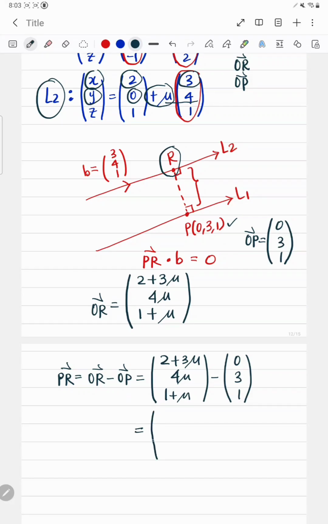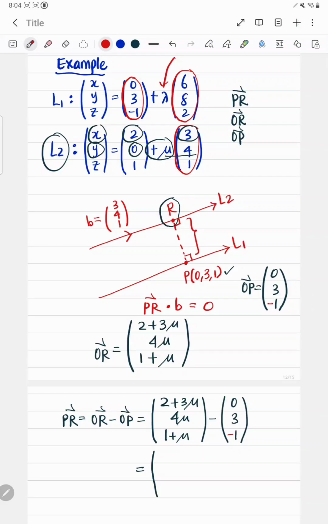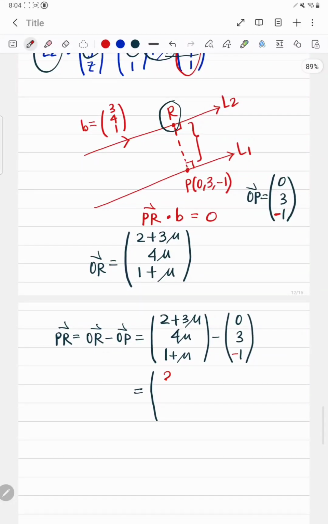OR minus OP, which is PR, we will get, OP is (0, 3, -1), and our answer for PR is 2 plus 3 mu, 4 mu minus 3, and 1 plus mu minus negative 1, so that's 2 plus mu.